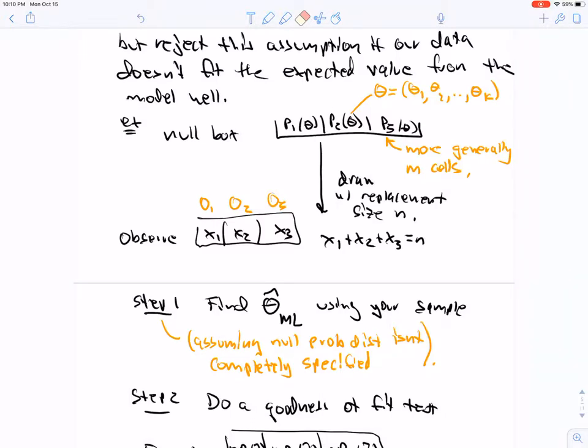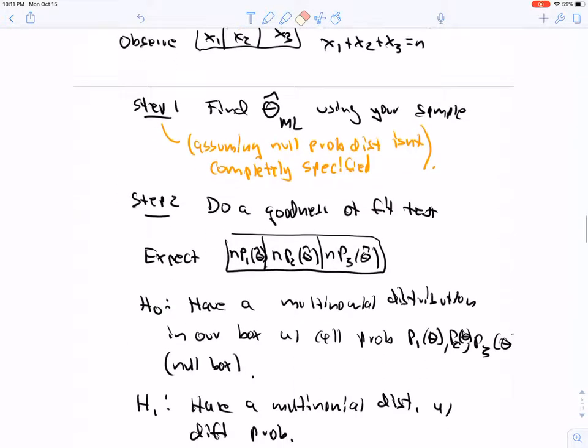We have an observed table here. Let's say we're assuming that we have 3 different outcomes. Step 1 is estimating our parameter theta, if your null probability distribution isn't completely specified.